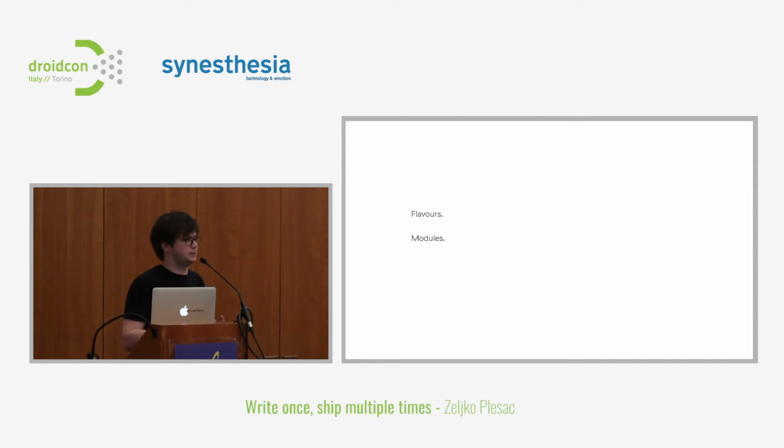If you want to limit the customization, you choose the flavor type of architecture. And if you want to offer advanced customizations, you stick with the modules architecture. And you will see why that is.